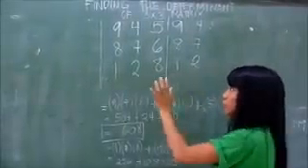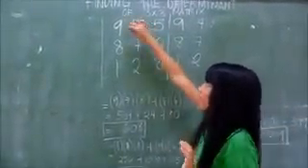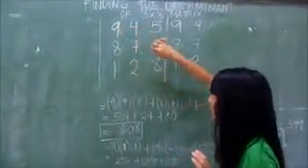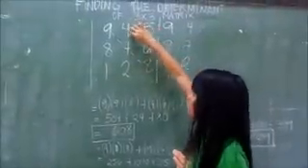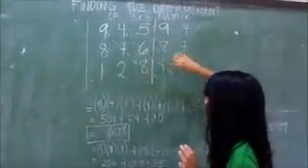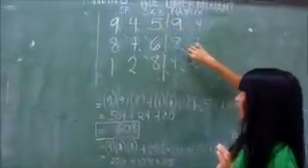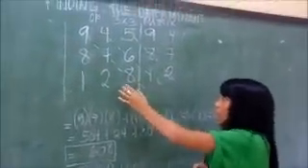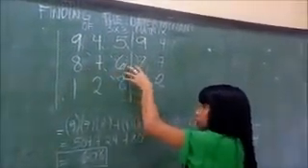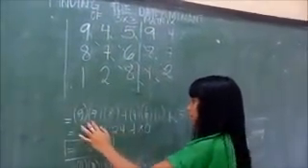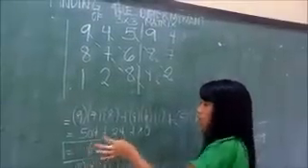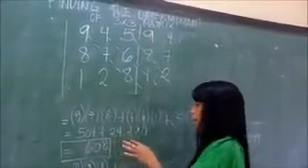Then we will multiply these elements: 9, 4, 7, 8, 4 times 6 times 1, 5 times 8 times 2. Then, if we get all the products of these elements, we will add. The result is 504 plus 24 plus 80.